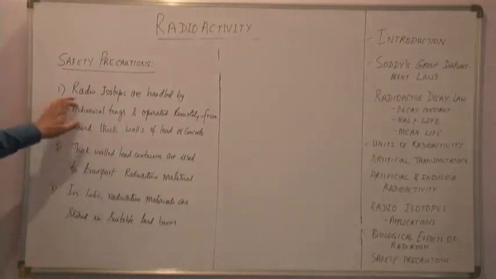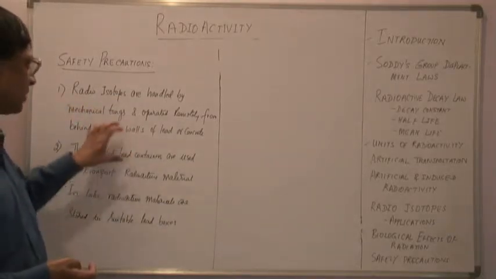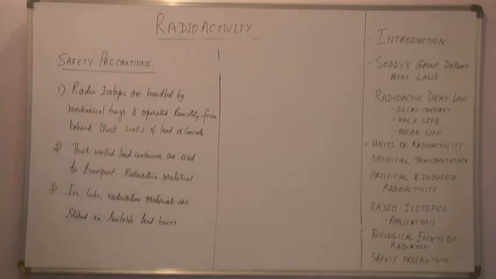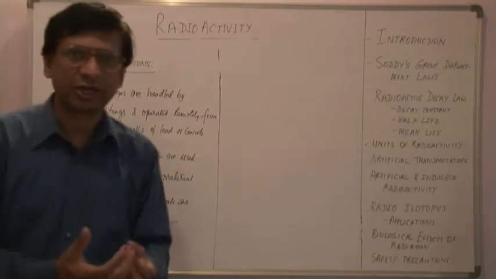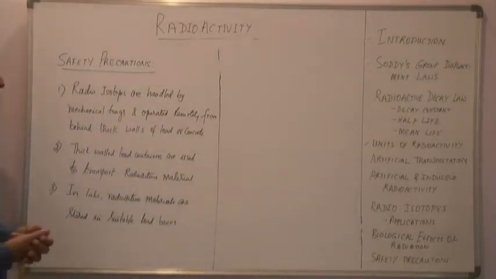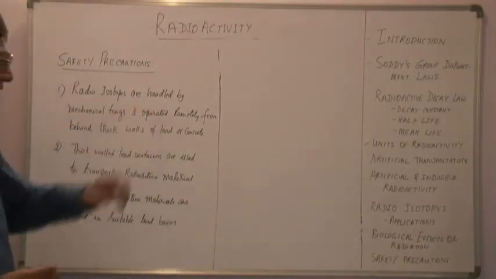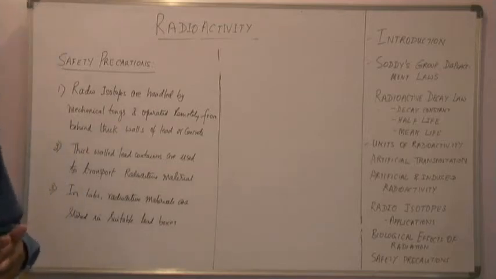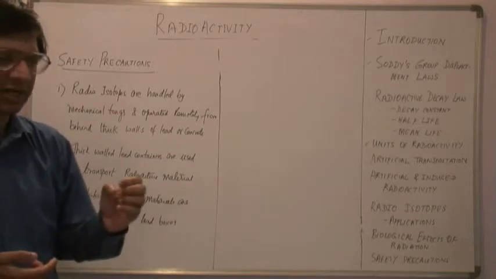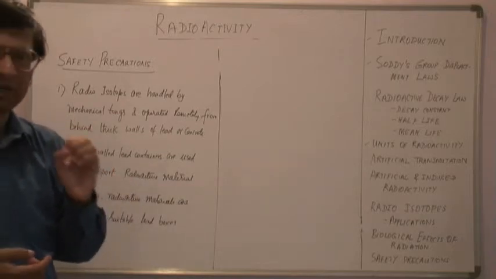So these are some of the safety precautions that one can take while dealing with radioactive material. The first thing is radioisotopes are handled by mechanical tongs and operated remotely from behind thick walls of lead or concrete. As we mentioned, the emission from the radioactive material can be stopped by thick walls of lead or concrete, because this radiation has some kind of penetrating power.